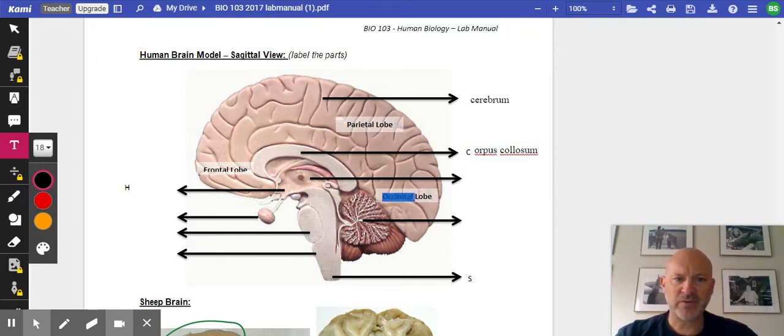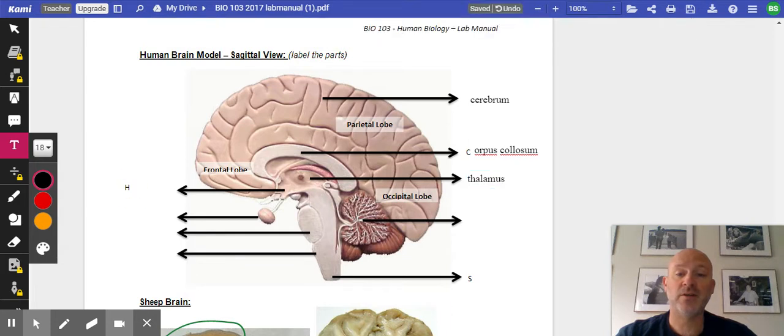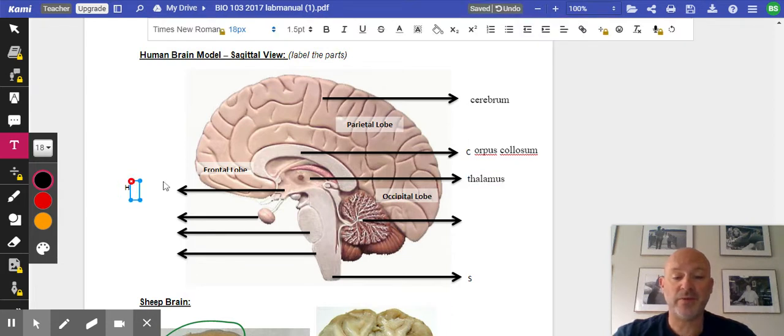Inside here, we have what's called the thalamus. The thalamus has this structure underneath it, and we call this the hypothalamus.